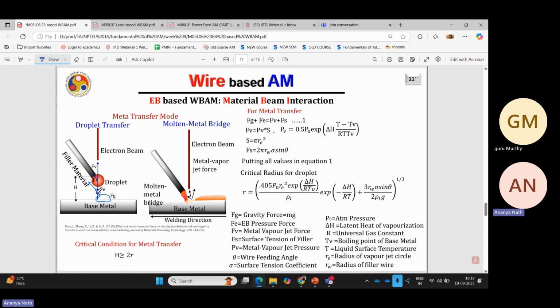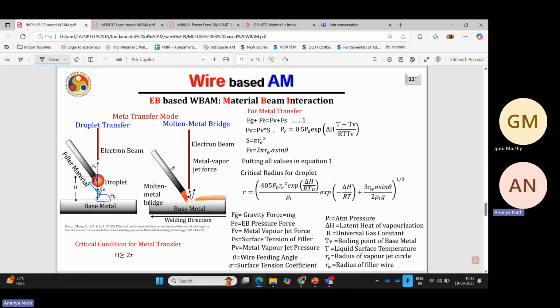When the wire interferes with the electron beam, the wire tip will be melted, and this melted wire will produce a droplet and come onto the substrate. So it's the droplet transfer.